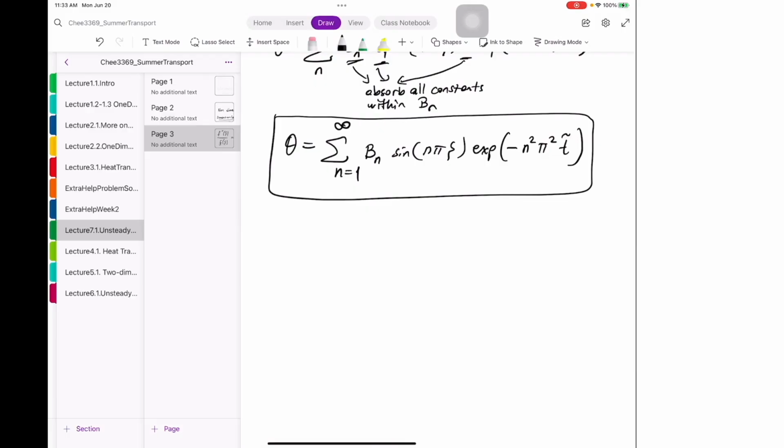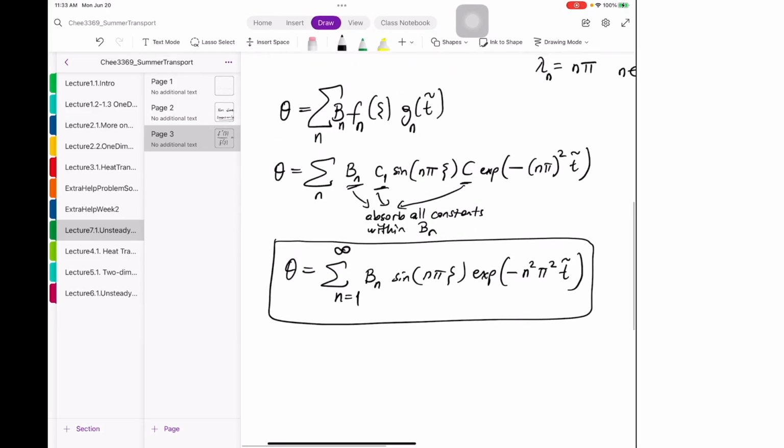Excuse me, Professor, I have a question. Since the Bn below is different from the one on top, can we use a different notation, like Cn, because we are adding a constant?